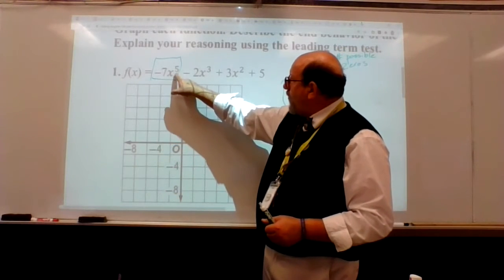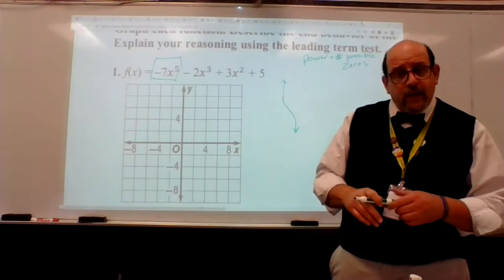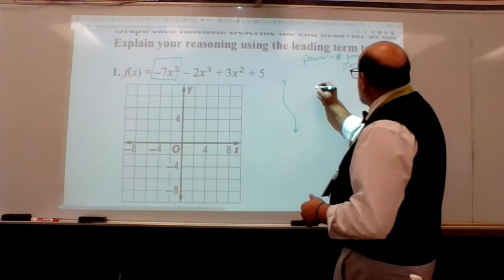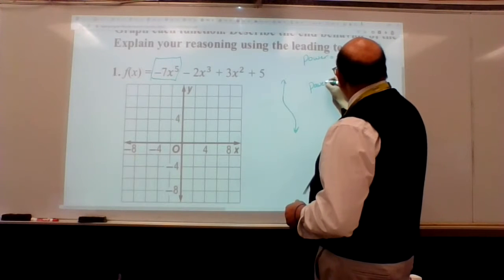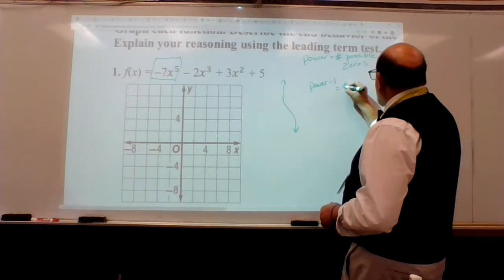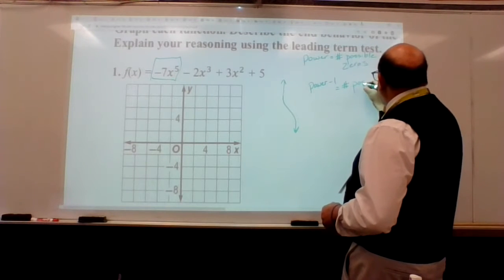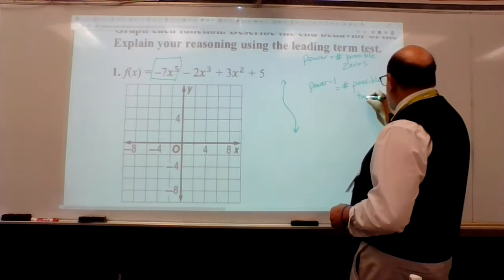Then we can also know that if you subtract 1 from that lead power, so power minus 1 tells me the number of possible turns.